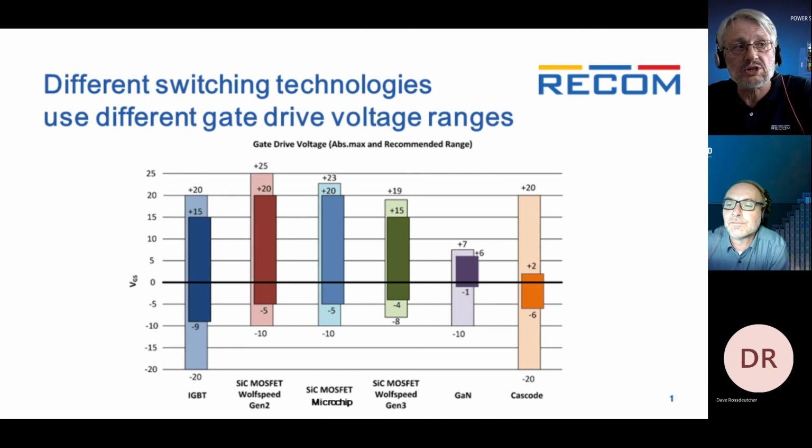But if you try to switch that with a silicon carbide, you may have serious problems because they're designed in different ways and the limits are different. Typically a silicon carbide will only take -10 as the absolute maximum, and sometimes the maximum positive voltages are different depending on different vendors.